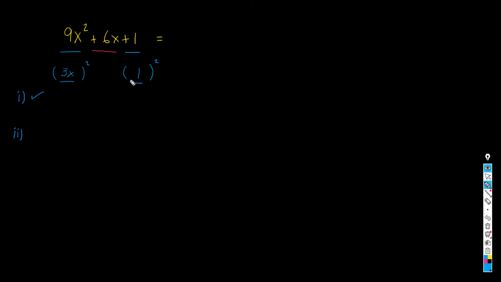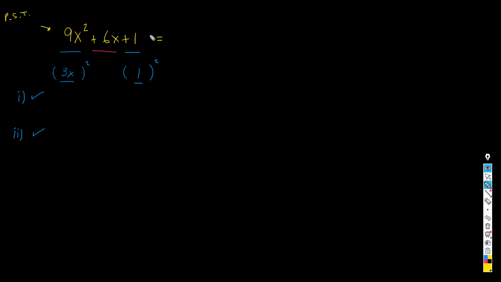Multiply that by 2, so 3x times 2 is obviously 6x. So my second requirement is satisfied, you see? And once you confirm the first step and the second step, now you can be sure that this trinomial is in fact a perfect square trinomial. Sometimes I abbreviate in this way.